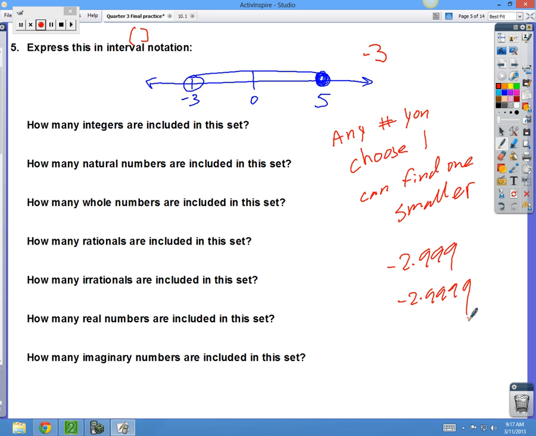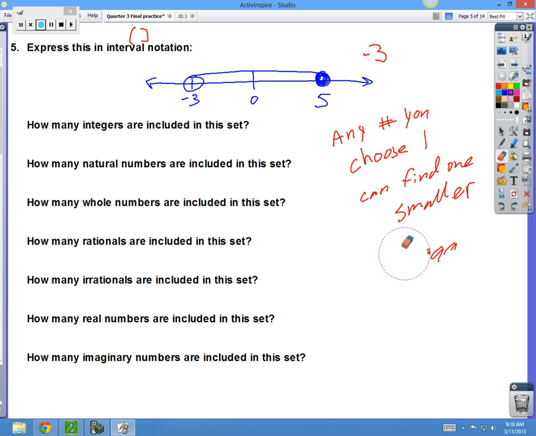Jade, what do you think? On the number line, is there a number right next to negative 3? Yeah, it would be negative 2.9 with a bar over it. But kind of in theory there is, but in real life there's kind of not, because any one you choose I could give you one smaller.